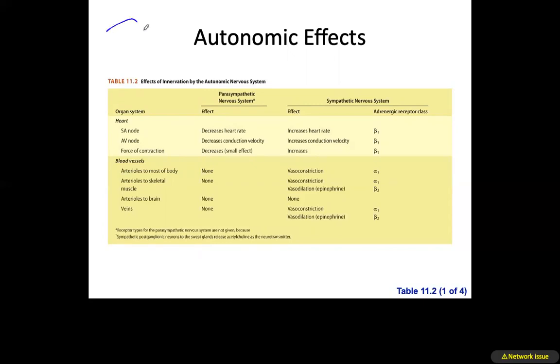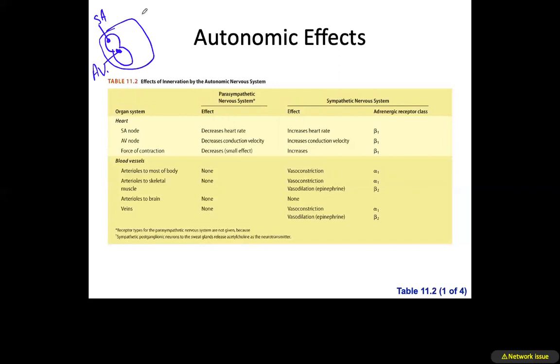If I'm drawing a heart, here is the right side of my heart and the chambers. Inside this heart, you have these nodular structures. The top one is referred to as the SA node, and this one is referred to as the AV node.